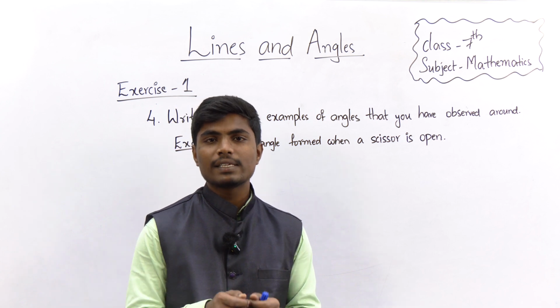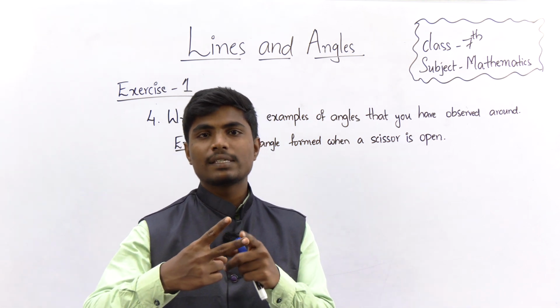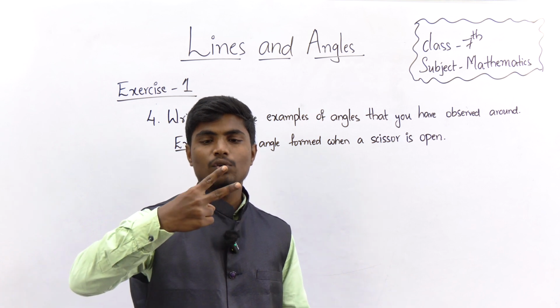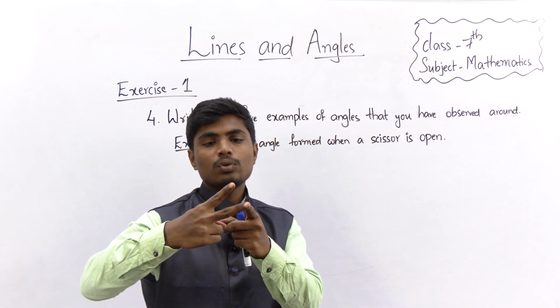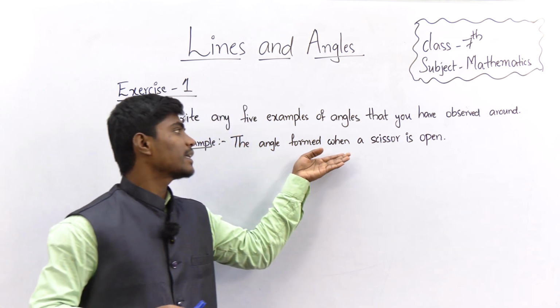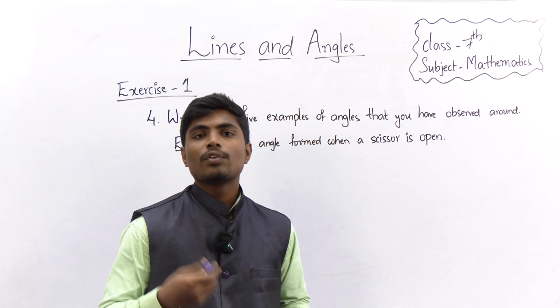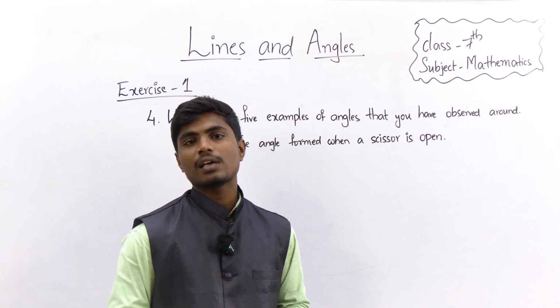When the scissor is open, the angle is formed at the intersection of the two blades. Now we have to write 5 examples where angles are formed.